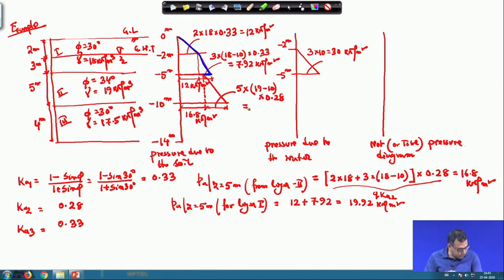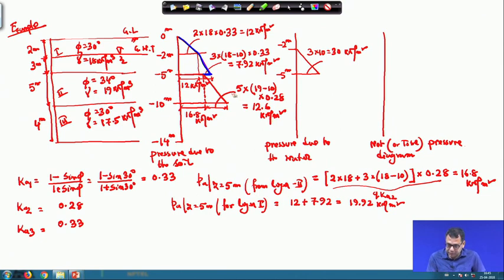That value is coming out to be 12.6 kilonewton per meter square.